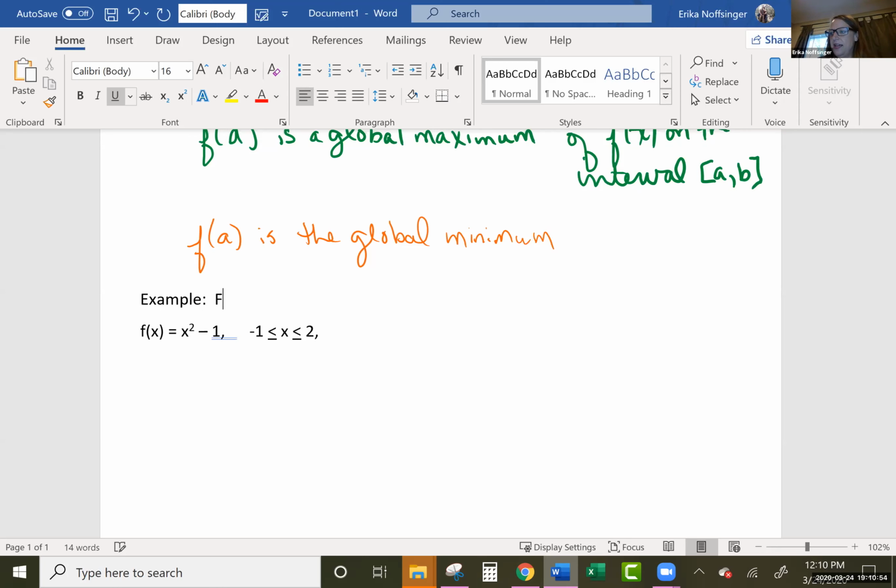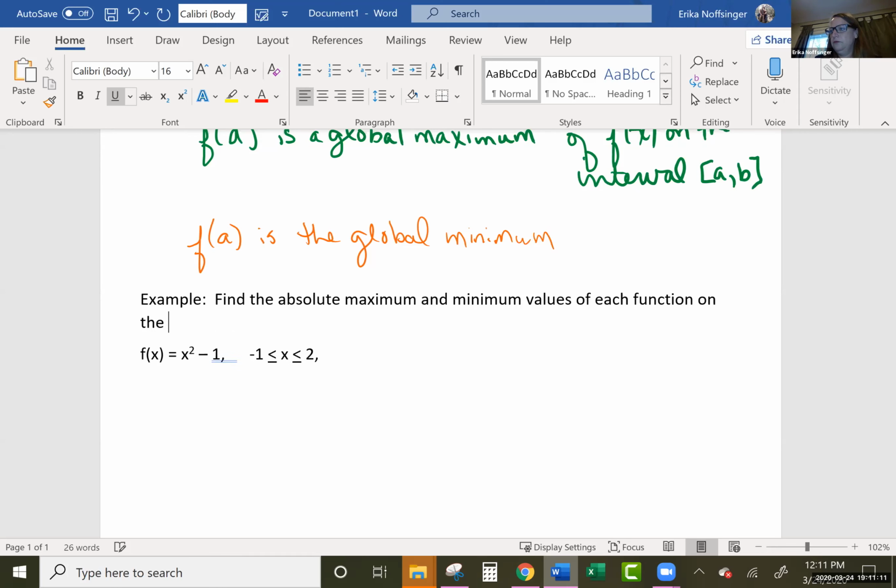And so it says find the absolute maximum and minimum value of each function on the given interval, and graph the function.